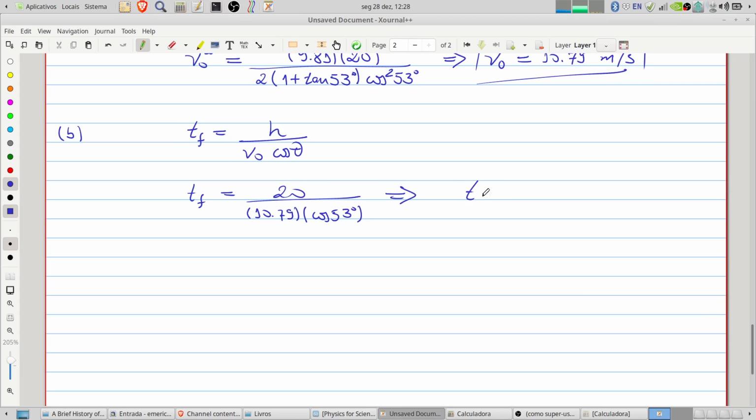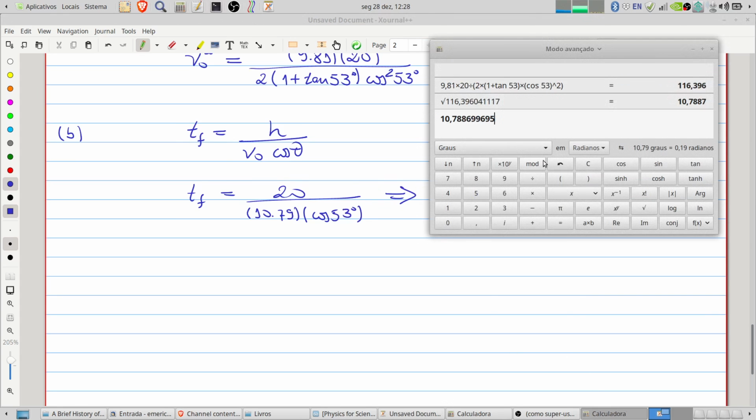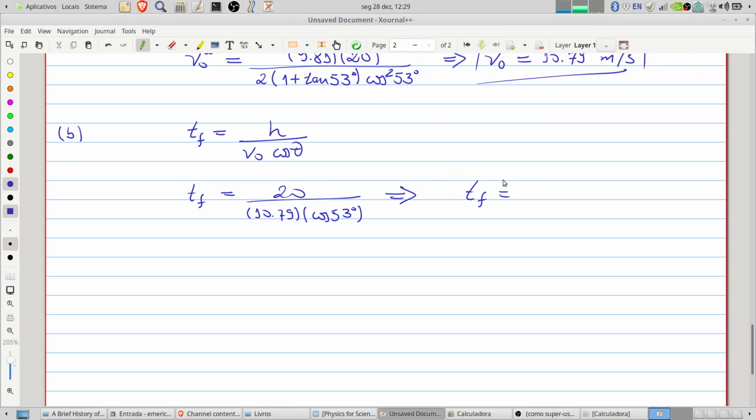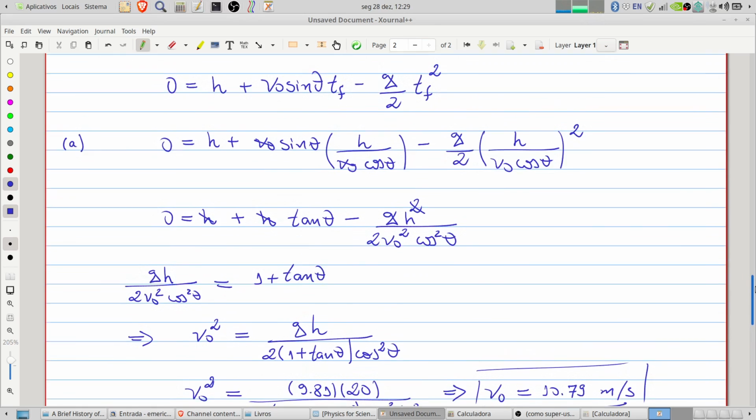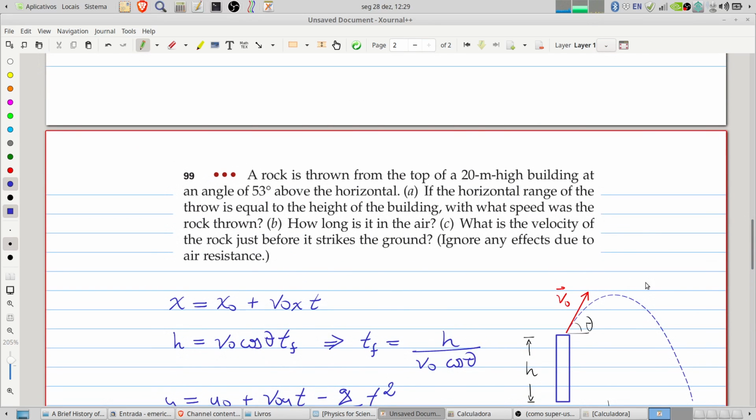Here we want 20 divided by 10.79 multiplied by cosine of 53, which is 3.08 seconds. This is the time the rock will stay in the movement, in the air.